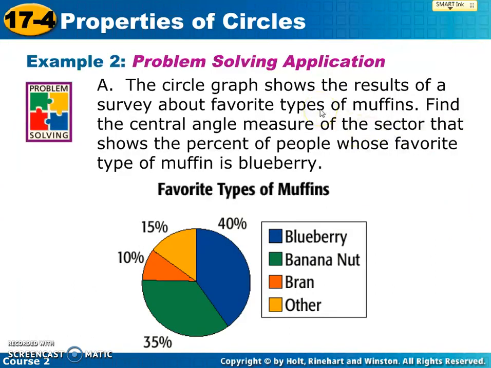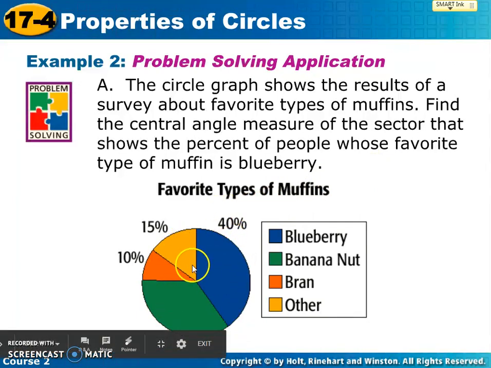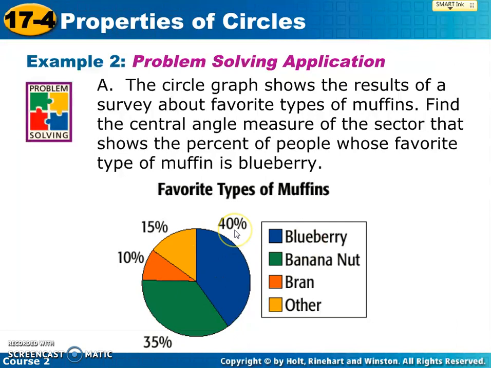So we're going to do a couple problems here, and our first problem says a circle graph shows the results of a survey about favorite types of muffins. Find the central angle measure of the sector that shows the percent of people whose favorite type of muffin is blueberry. As you can see on this pie chart, you have blueberry represented in blue, and that's 40% of the students who like the blueberry muffin.